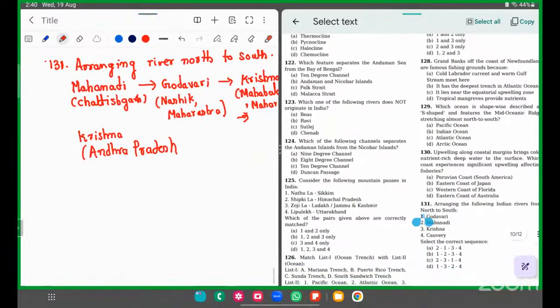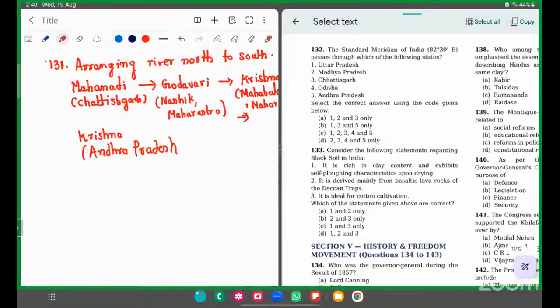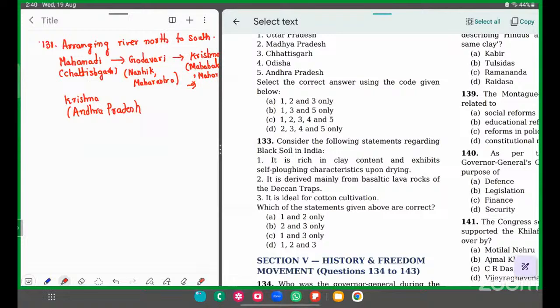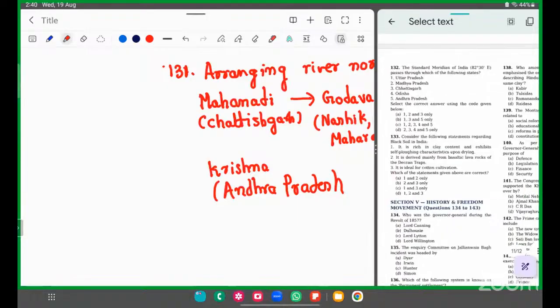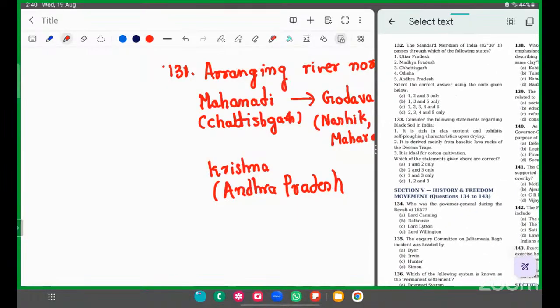Coming to question number 132. The standard meridian of India, 82 degree 30 minute, passes through which of the following cities? A meridian is a line.